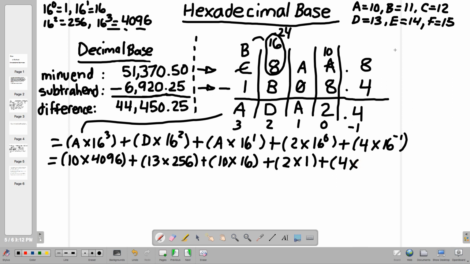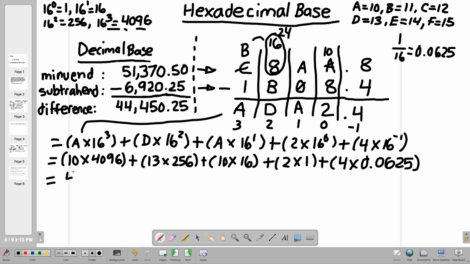And that's the same as saying 1 over 16, which is a value of 0.0625. So we'll put that here.